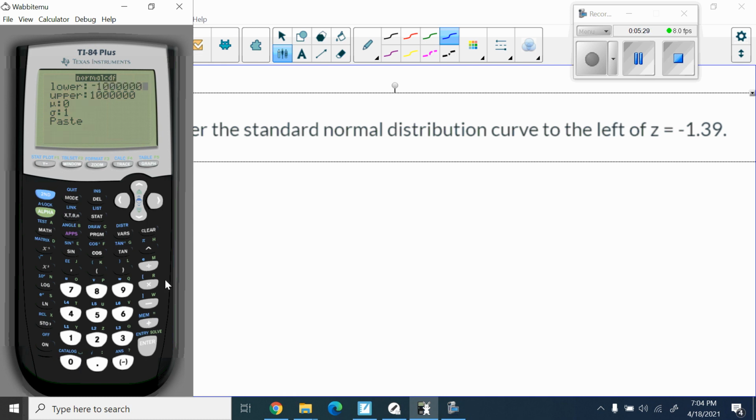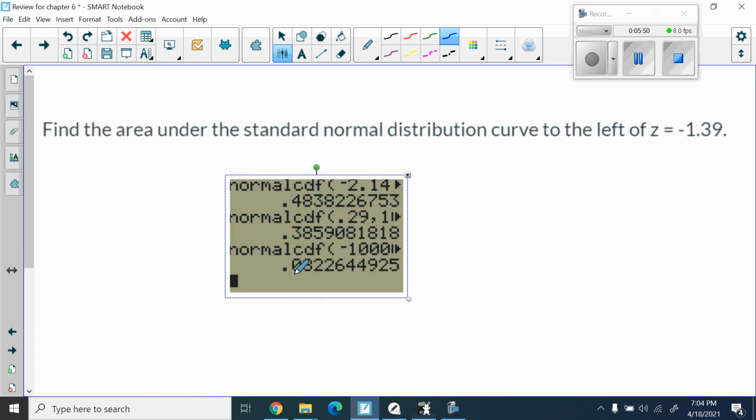And then for our z-score, it's negative 1.39. So it's all the numbers less than negative 1.39. Okay, so it's quite a small number, so it's 0.0822, so it's going to be rounded up to 0.0823.